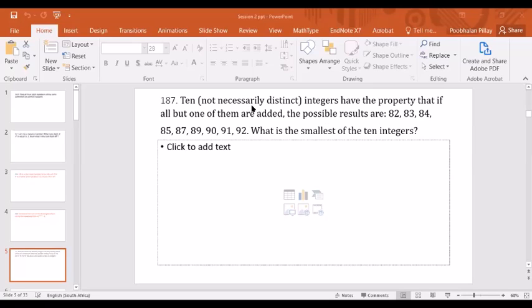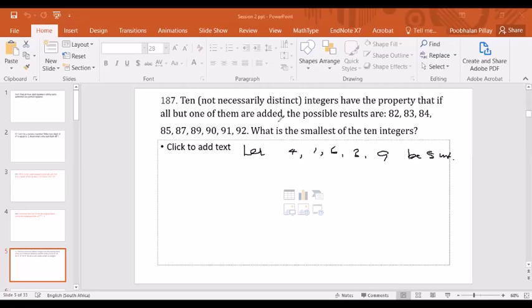Okay, let's just first understand it. It's rather difficult to understand when you say all but one of them are added and what these numbers mean. So I think what I'm going to do is take a particular case where I have, say, 5 integers and I test this thing out on those 5 integers. Let me just take 5 random integers, say 4, 1, 6, 8 and 9, for instance.